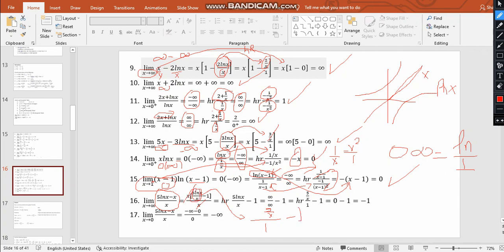I don't touch the minus 1. So a number over infinity is 0. So 0 minus 1 is minus 1. The last one here, you have 5 ln x minus x over x. So here you have minus infinity minus 0 over 0, minus infinity over 0 plus, it's minus infinity.